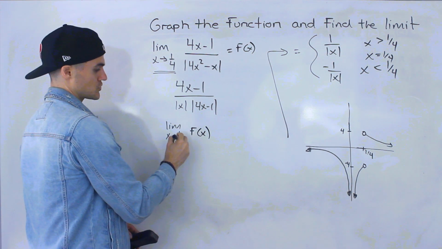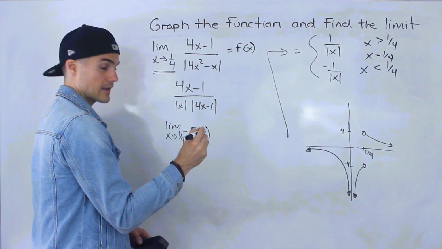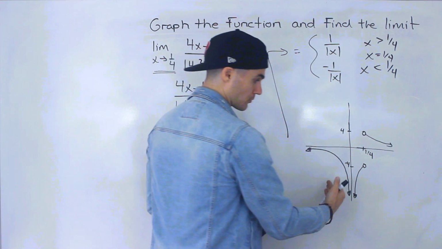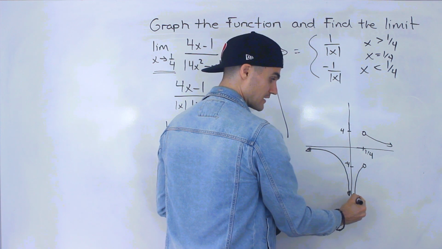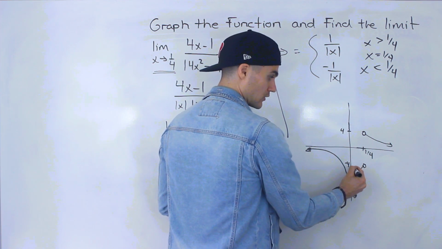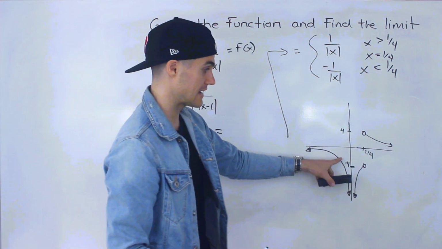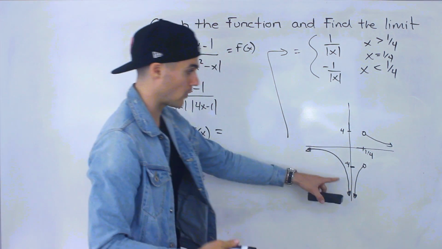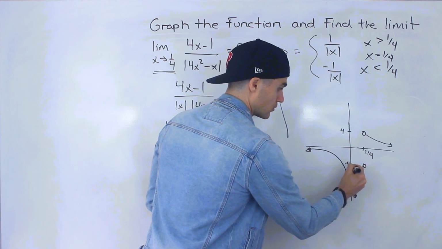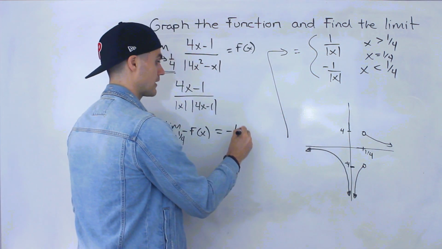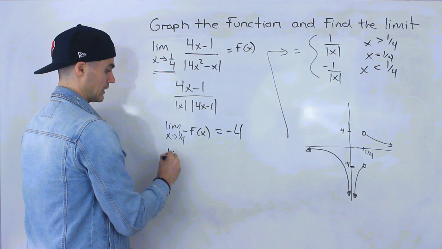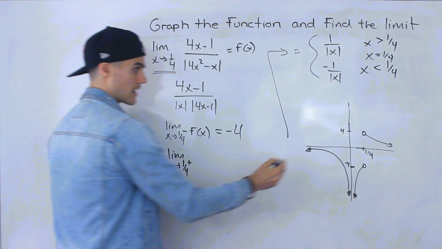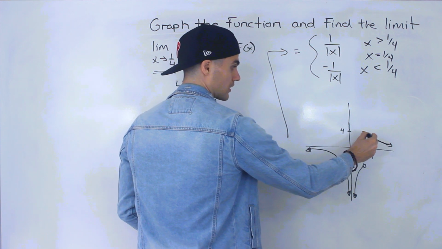The limit as x approaches 1 over 4 from the negative side, what's that going to equal? Notice if we're approaching this 1 over 4 from the negative side, the y value is approaching negative 4. So as x approaches 1 over 4 from the negative side, the y value is approaching negative 4. So this is going to be negative 4. And then the limit as x approaches 1 over 4 from the positive side, we got to look at this piece over here.